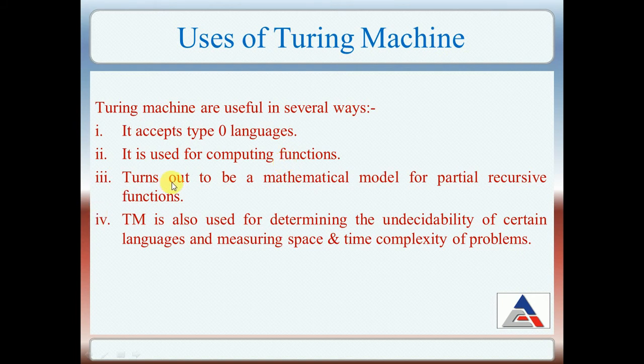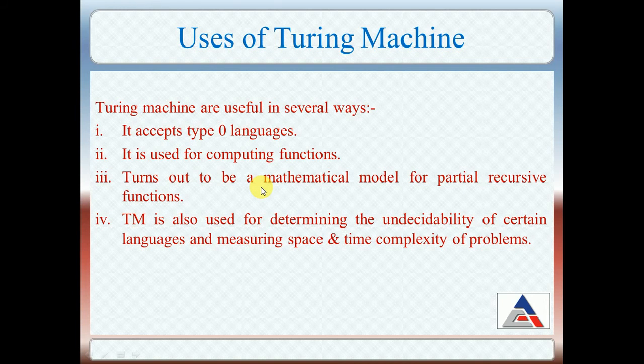Next, it turns out to be a mathematical model for partial recursive functions. Here partial recursive function means, suppose we have f as a function and under f we have a1, a2 and so on up to an values. Here f is defined for some values, not for all a values. That is called a partial recursive function.